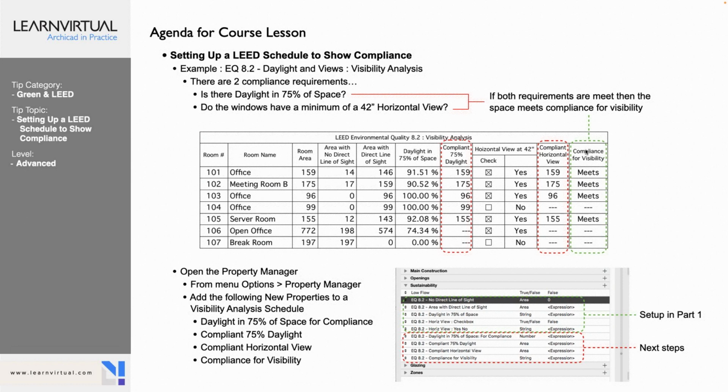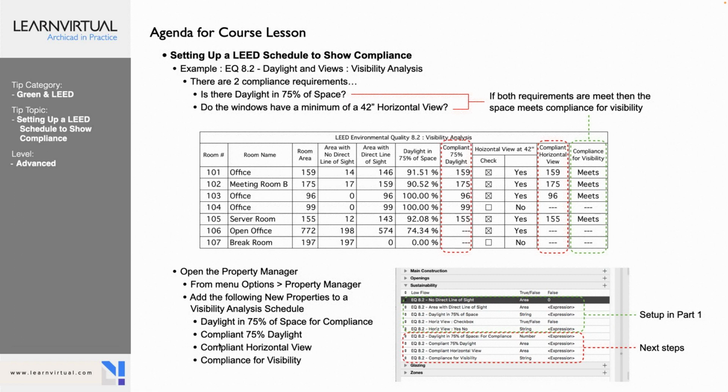And we're going to define those both in these next steps so that we can have an option at the far right here, which will turn on and off as it meets that compliance for visibility, or as this dash, dash, dash, which means that it does not meet it. So how do we do that? Well, first off, we need to set up all these various parts, these 5 parts that we just did in part 1.